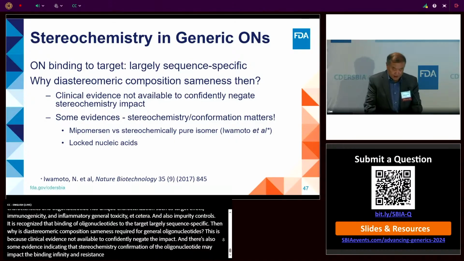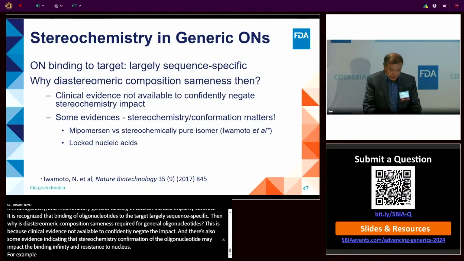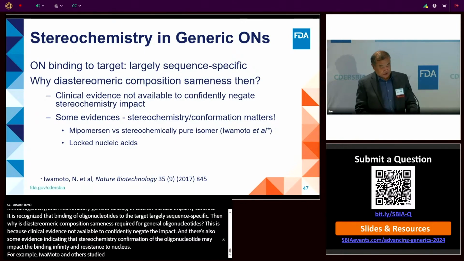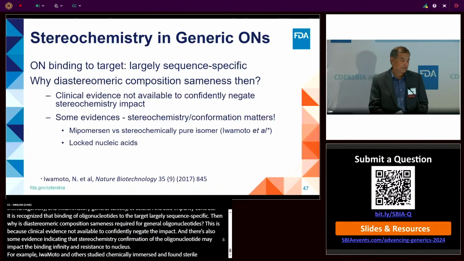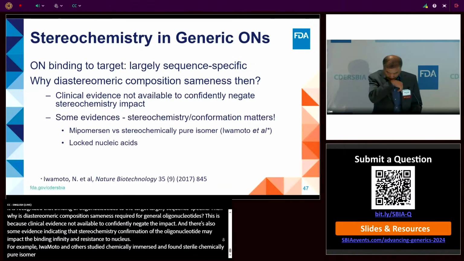For example, Iwamoto and others studied mipomersen and various stereochemically pure isomers and found that stereo configurations at the PS linkages substantially impact the pharmacological property of the oligonucleotides in their studies.